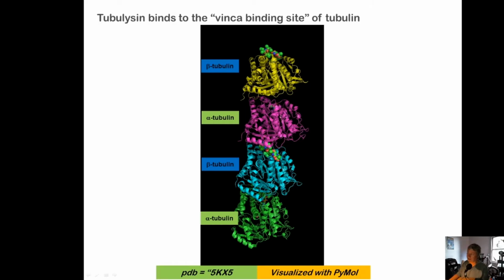Or maybe it's on the top of beta tubulins. That's right, on the top of beta tubulins and the interface with alpha tubulin.